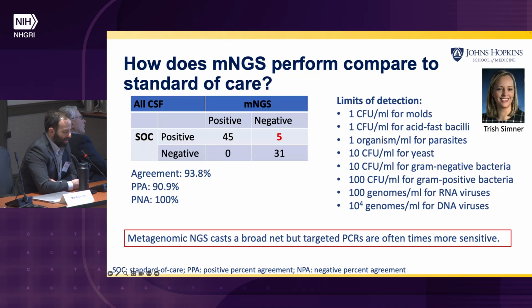When I speak to medical students, I ask them, what is the most sensitive modality of diagnostics? And oftentimes they reach for sequencing, but really if you know what you think the diagnosis is, it's not going to be the most analytically sensitive test, but it can really help when the diagnosis is unknown.